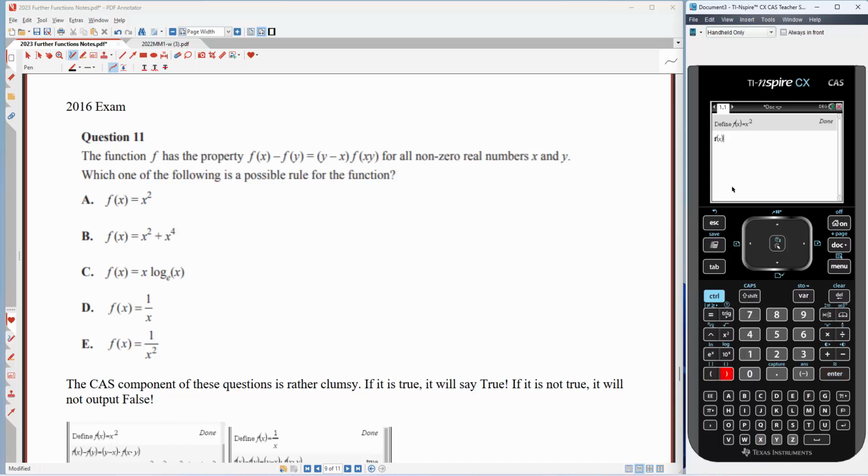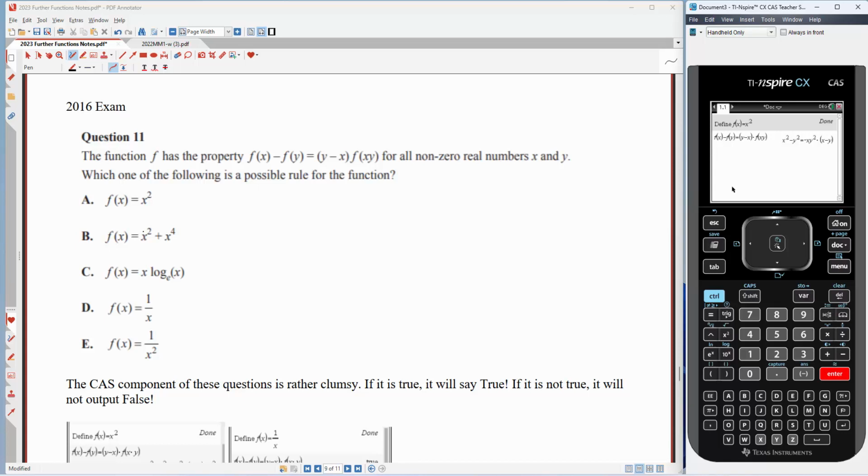So I'm just going to type f of x take away f of y equals y take x times f of xy. And basically, if it doesn't say anything, then we're going to assume that this is false, and it's only when it's true that it says true.